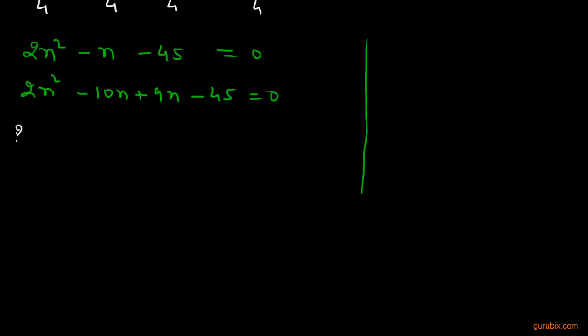Now we shall take common 2n from the first two terms, and we remain with n minus 5, and here we take common 9 from the last two terms, and we remain with n minus 5 also.